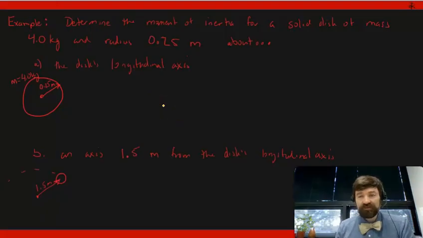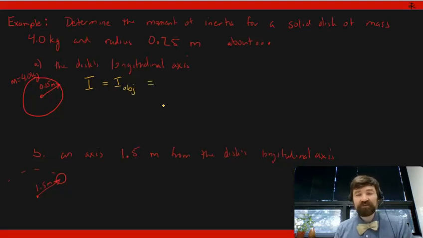We'll close with a pair of related examples. So we've got a solid disk of mass 4 kilograms and radius 0.25 meters. We want to know the moment of inertia about both this longitudinal axis that runs through its center and then about this other axis that is parallel to the longitudinal axis but 1.5 meters from the disk's longitudinal axis. So in this case what we have is I is equal to the object moment of inertia.